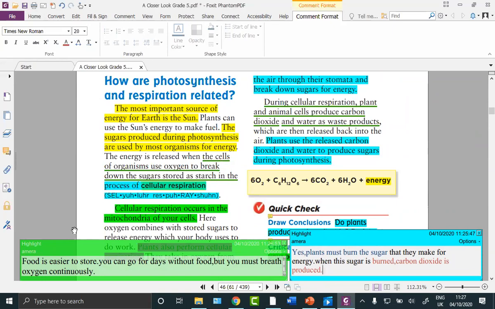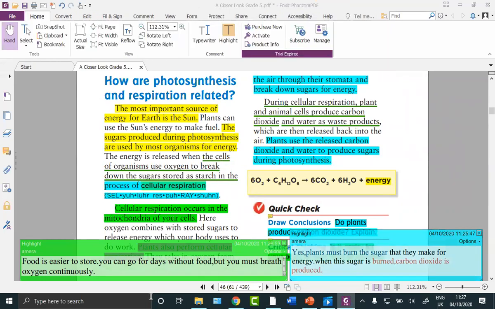Okay, who can read now? Me, Mister. I can read. Basim Hamada. Yes, Basim, please read. How are photosynthesis and respiration related? The most important source of energy for Earth is the sun. Plants can use the sun's energy to make fuel. The sugar produced during photosynthesis is used by most organisms for energy.